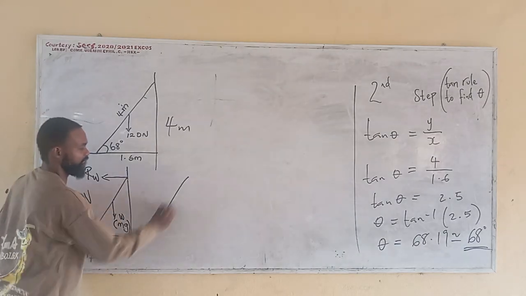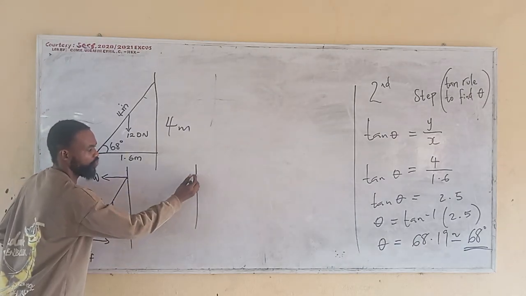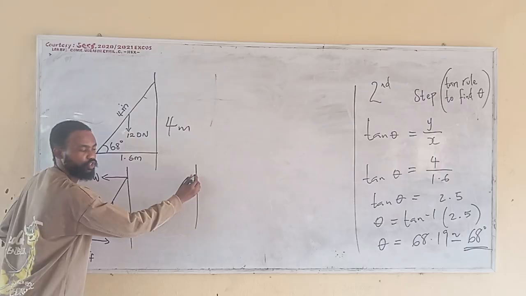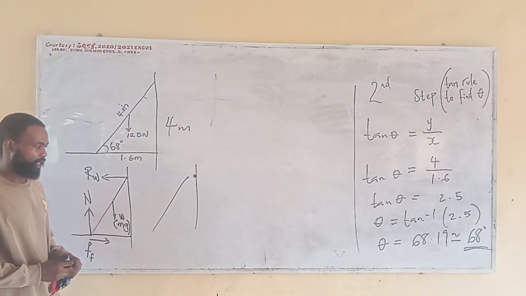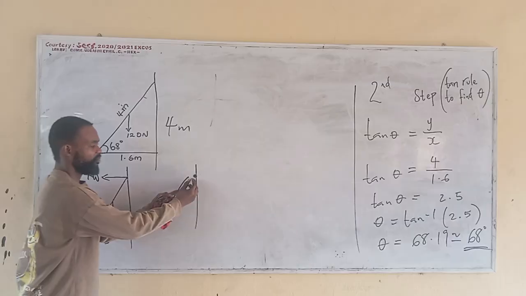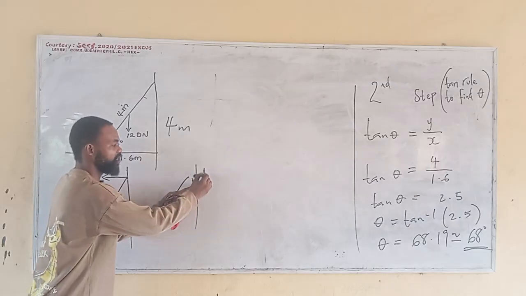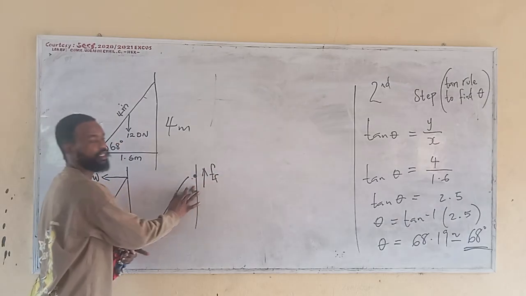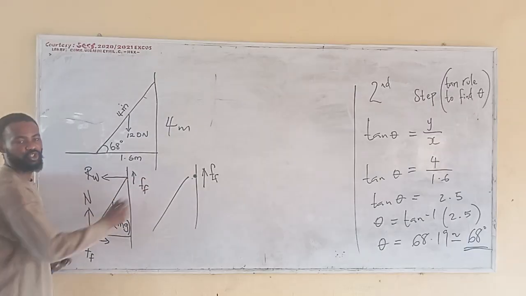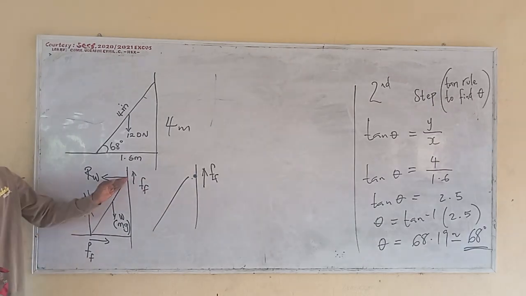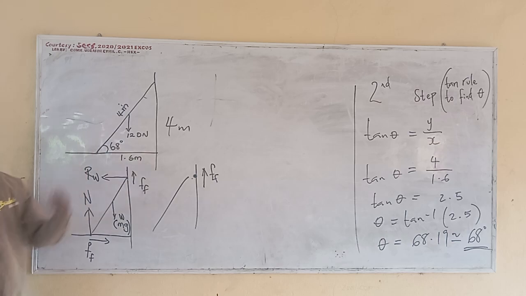If it doesn't have enough friction, this ladder can slip like this. Are you aware? Yes. So for the fact that it can go this way, that means there is a frictional force here as well. As the ladder wants to turn downwards, the friction is going upwards.